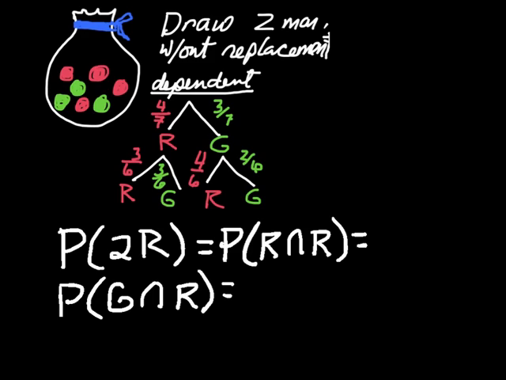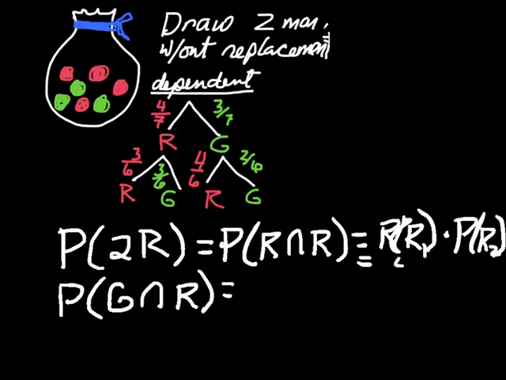And from what we learned last time, we know that this will be the probability of a red on the first draw times the probability of a red on the second draw. So this problem becomes 4/7 times 3/6, which is equal to 12/42, which you could then reduce and write as a decimal if you wish.